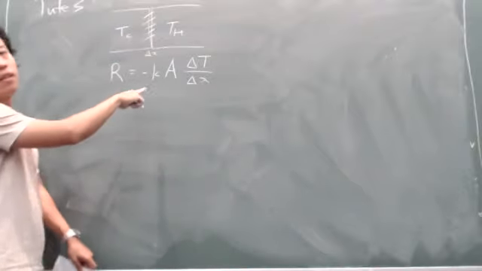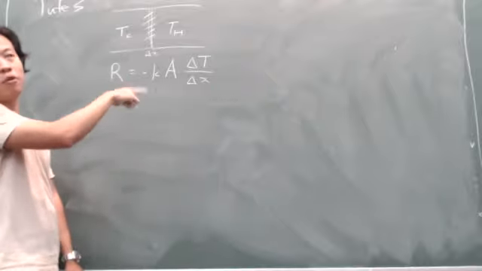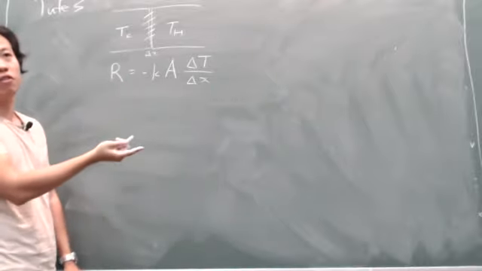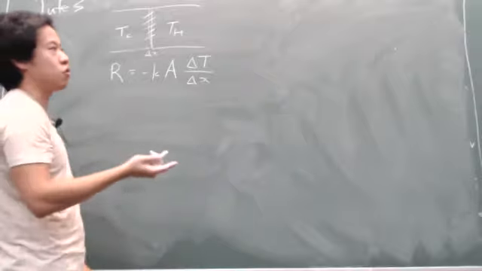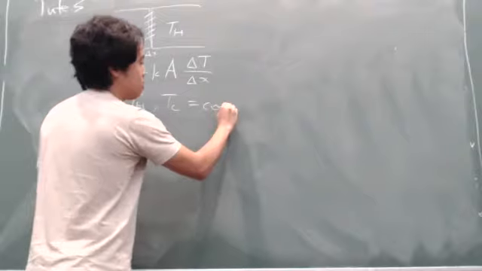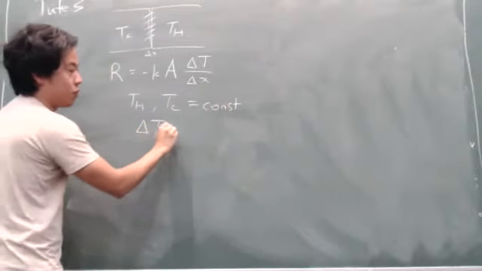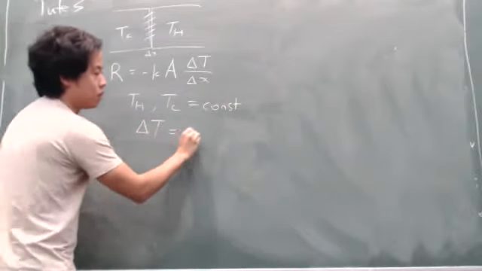In this case, we have two infinite reservoirs, which means that it doesn't matter how much heat I'm able to pump from one to the other, their temperature is not going to change, because it's an infinitesimal difference to them. So TH and TC are both constant. If they're constant, then the difference in temperature between them is also constant.